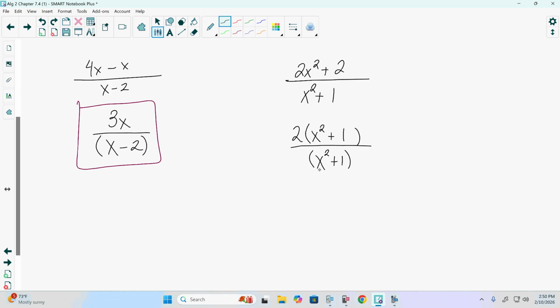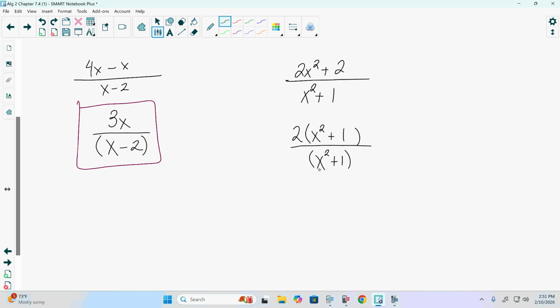And x squared plus 1 on bottom is one term, yes? Do we have something in common on top and bottom? x squared plus 1, yes? Is the 2 on top and the x squared plus 1 being added together?